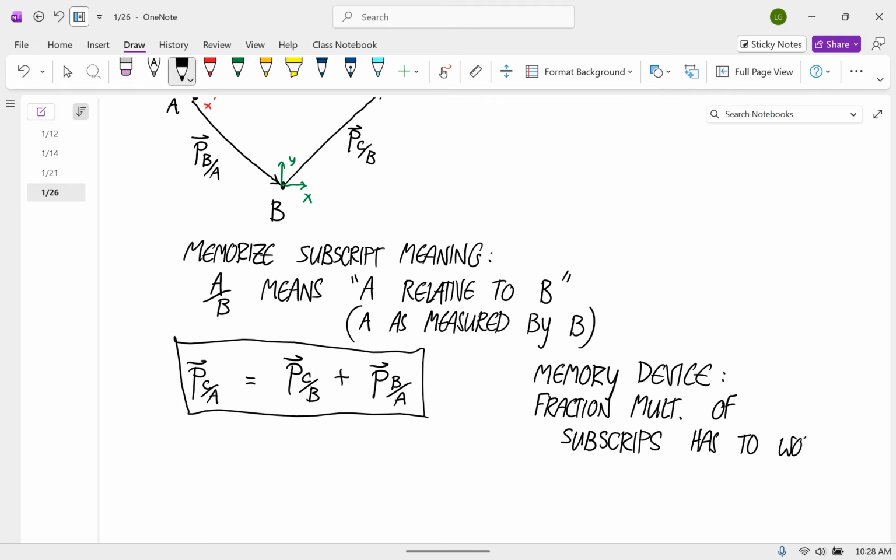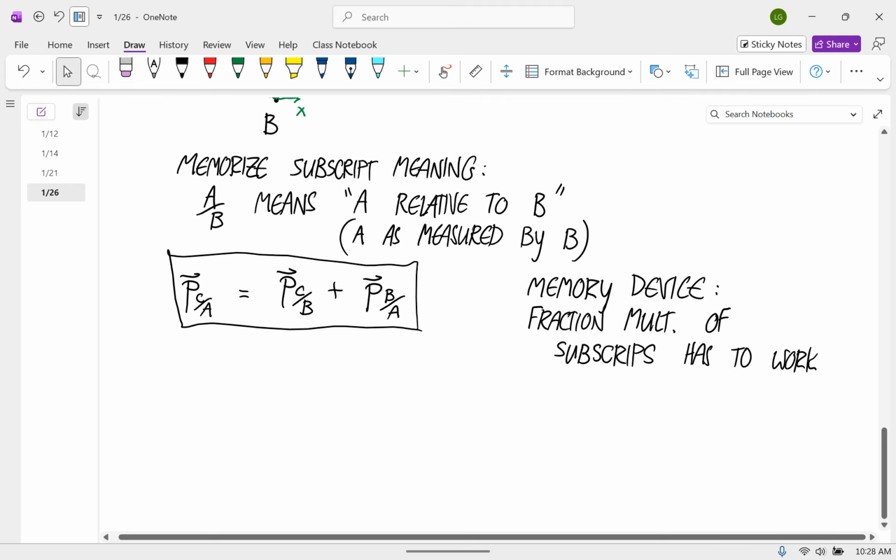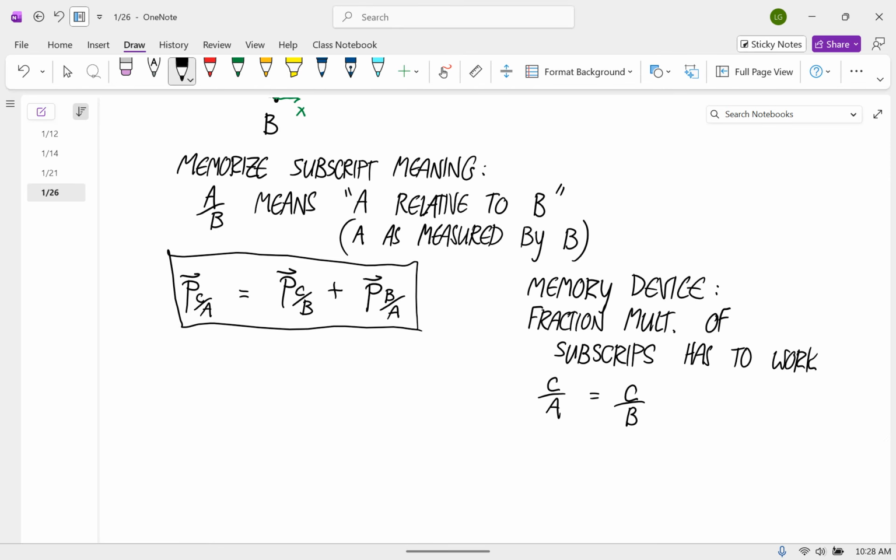Mine says that C over A is equal to C over B times B over A, and that works. If you put them in any other order, it wouldn't work. For example, try position of C over B equal to position of C relative to A plus position of B relative to A. If you write it out as a fraction multiplication, it's wrong. So that's the wrong order.